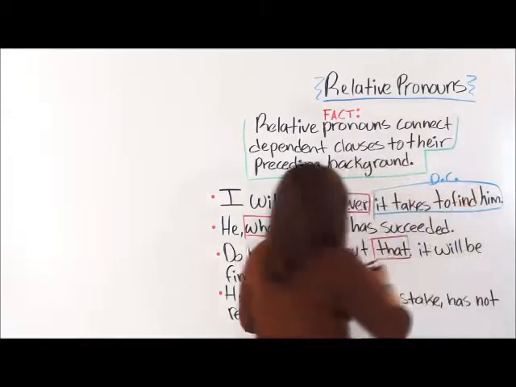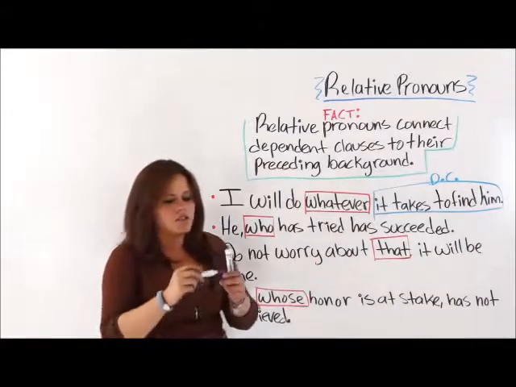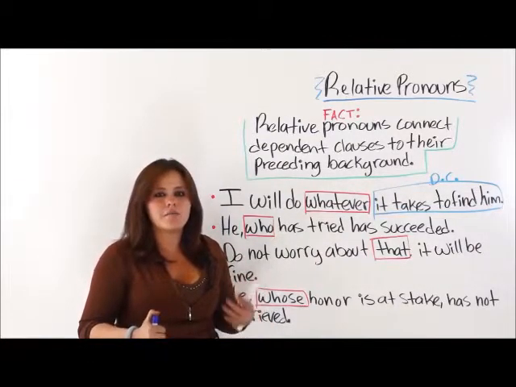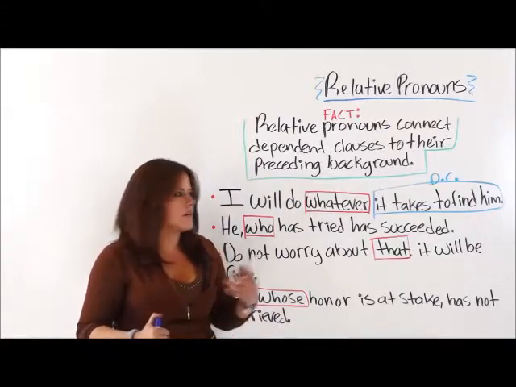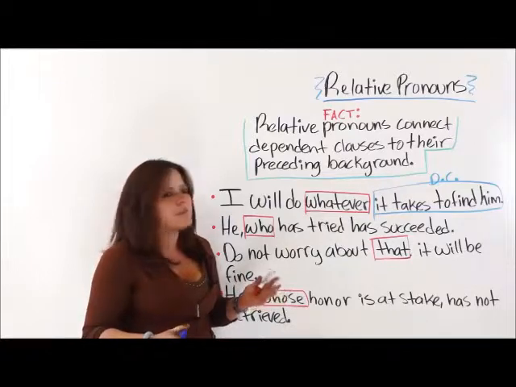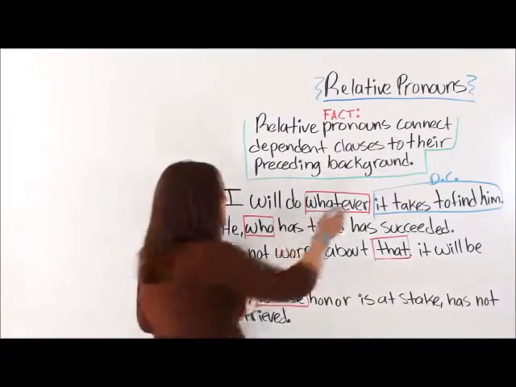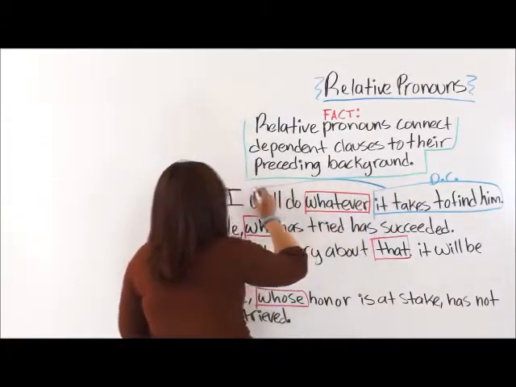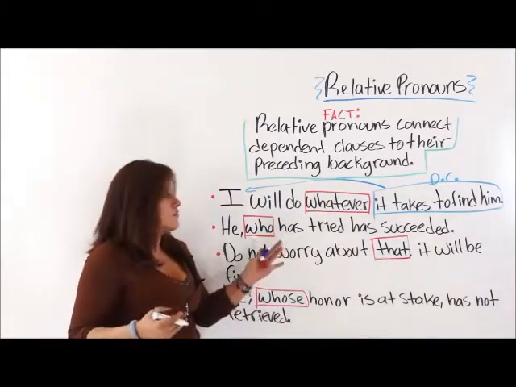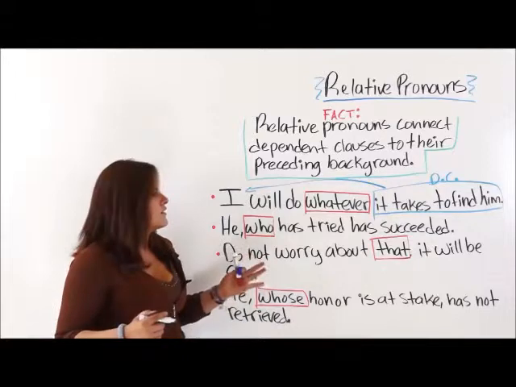Remember, a dependent clause does not make sense by itself, and it cannot be a sentence by itself. That is why it is called a dependent clause, because it depends on this subject here. By itself, it would not make any sense.